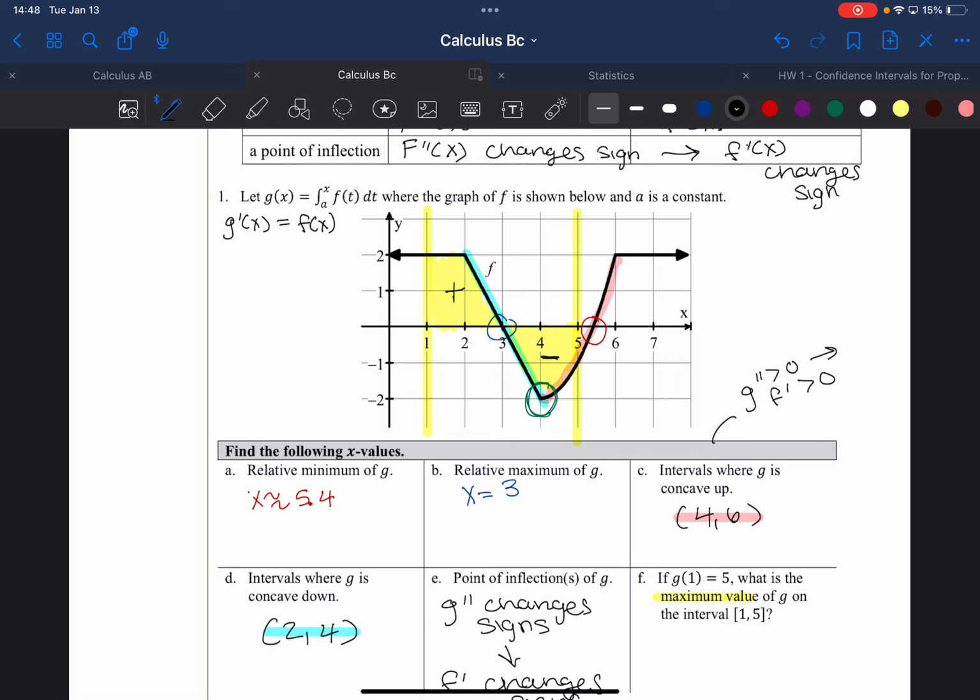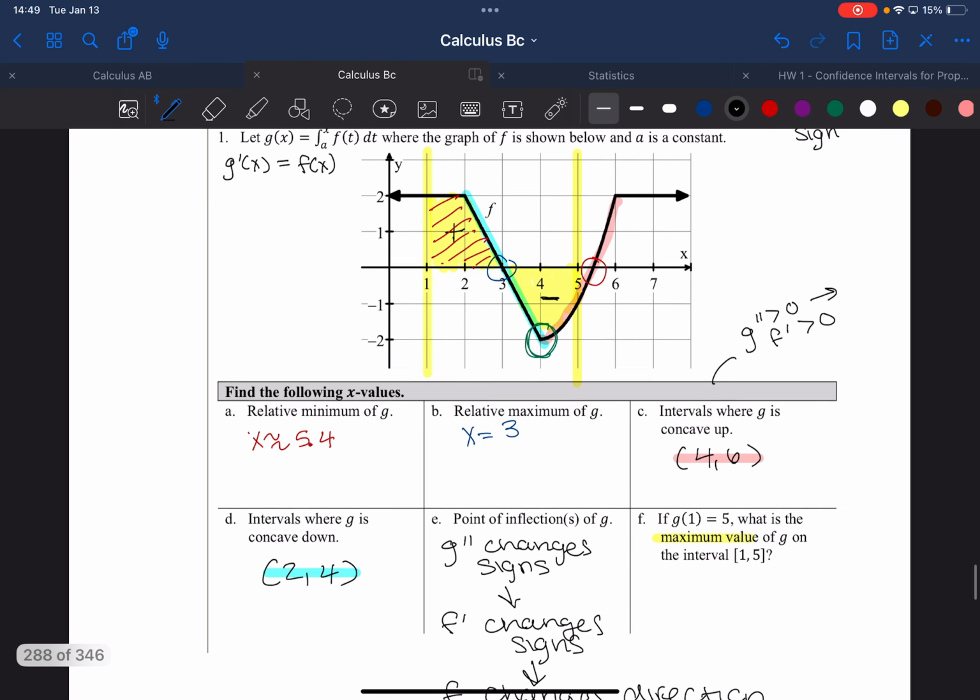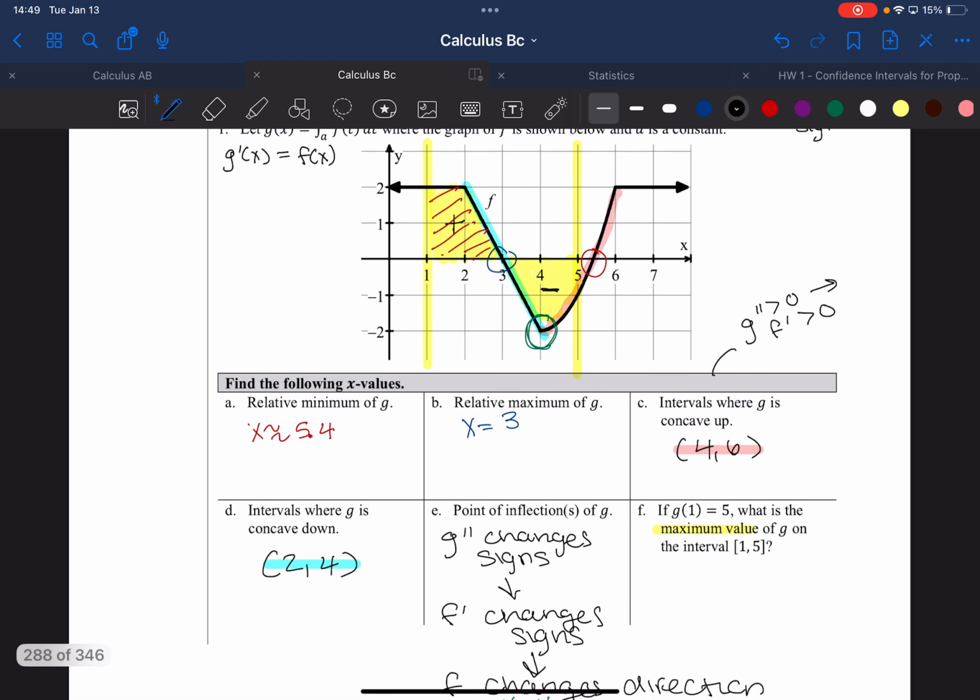So since I want the maximum value, I'm only going to be looking at just this section here, just the section where it's positive. Okay? If it was asking for the minimum value, where would I look at? Good, that negative section.